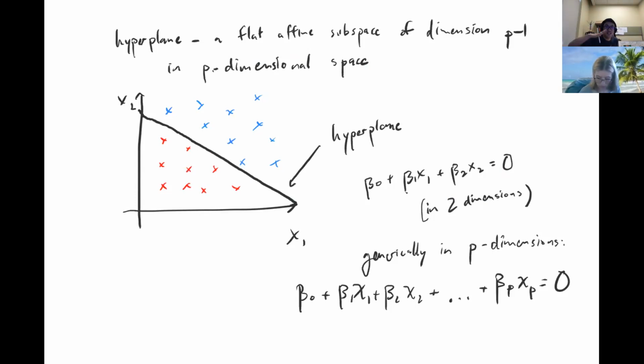Because if I train this hyperplane on these points, I can then say something like everything on this side is going to be blue, and then everything on this side is going to be red. So that's essentially what we're trying to do here.